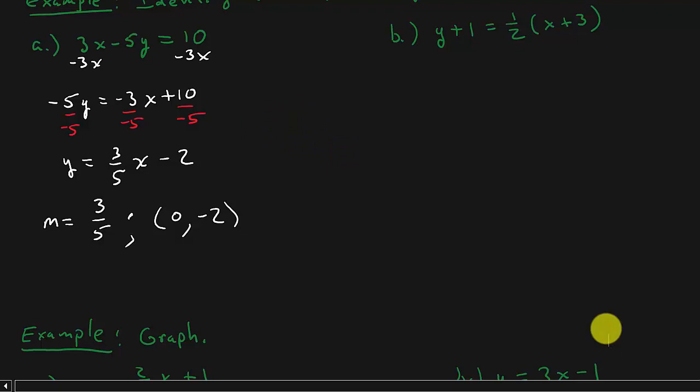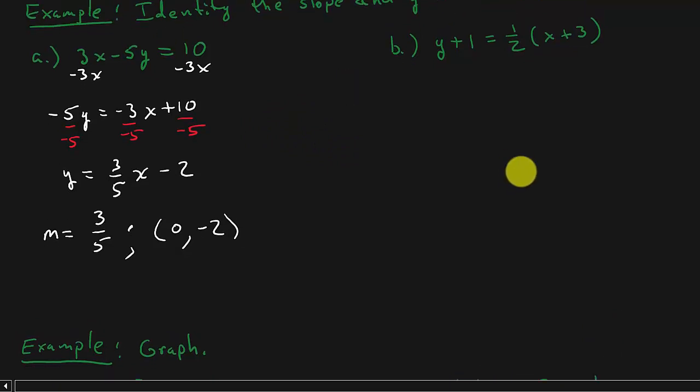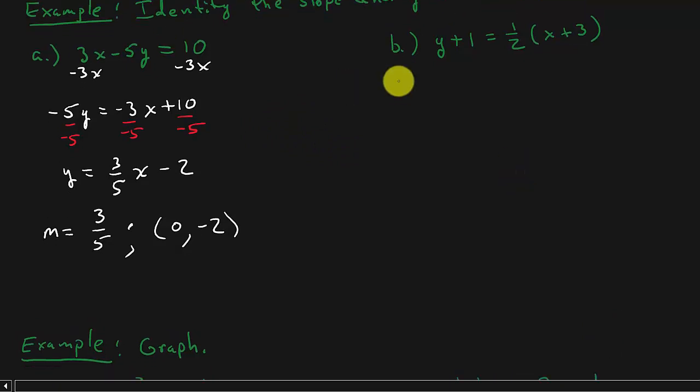All right, so what about this one? Well, let's solve it for y. So I've got y plus 1 is equal to 1/2 x plus 3/2. And then I'm going to subtract 1 from both sides. So y equals 1/2 x, what is that?